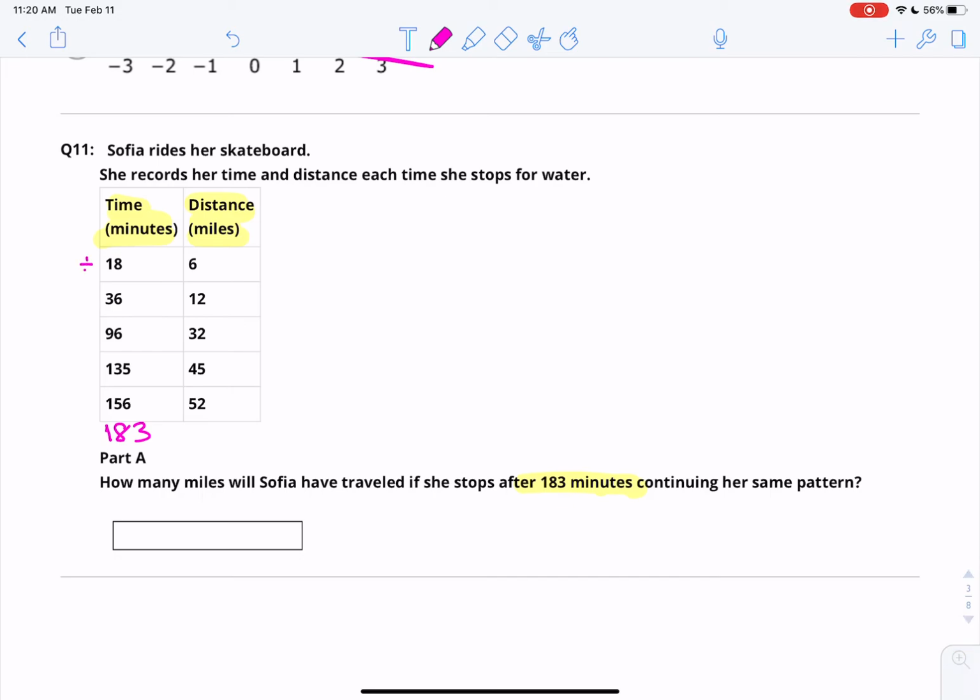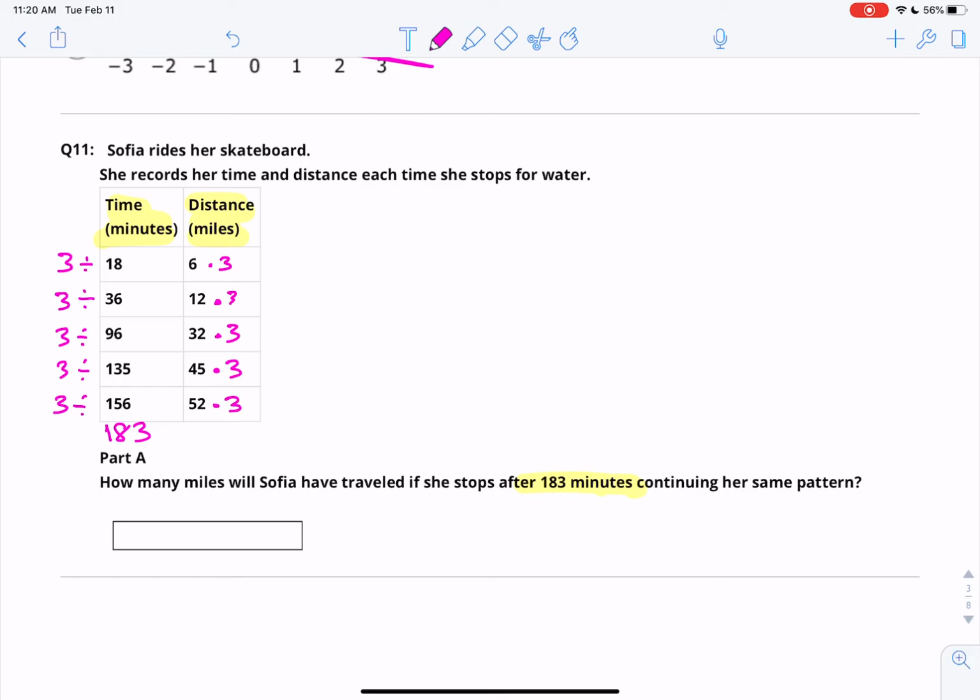Well, 18 divided by 3 is 6, and 6 times 3 is 18. So if you'll notice, that's what they did on each one. They either divided by 3 or they multiplied the distance by 3. Two different ways of looking at it.